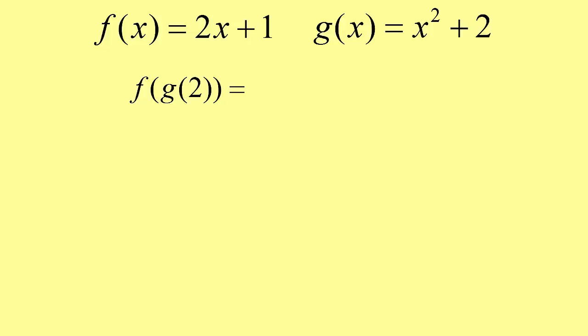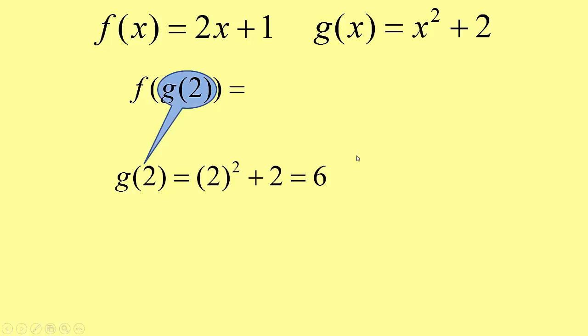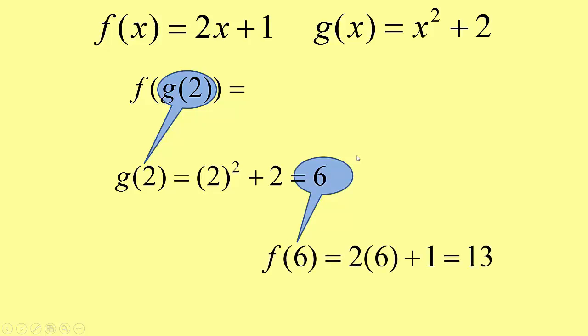Do you see what to do for this one? We start by plugging a 2 into the g function. Then we take that answer and plug it into the f function. So again, it's all about the notation and the symbolism.